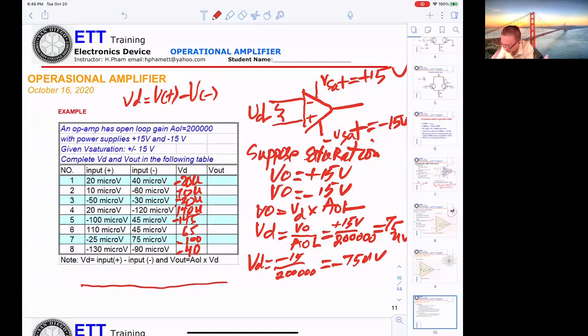This is VD. Right here is 0 volt. At this side, 75 microvolt. On this side, minus 75 microvolt.